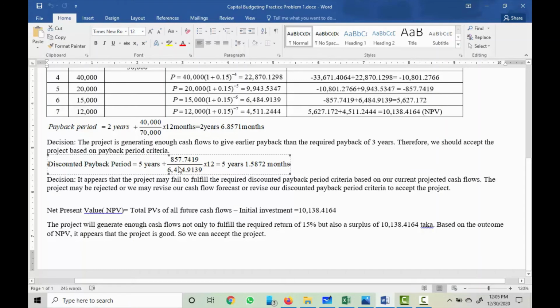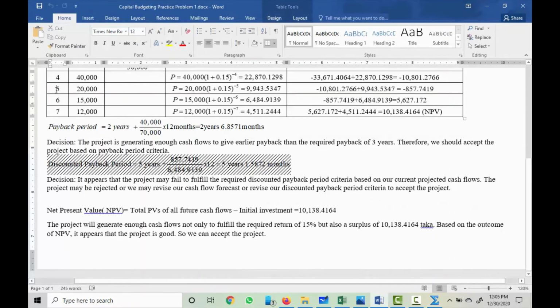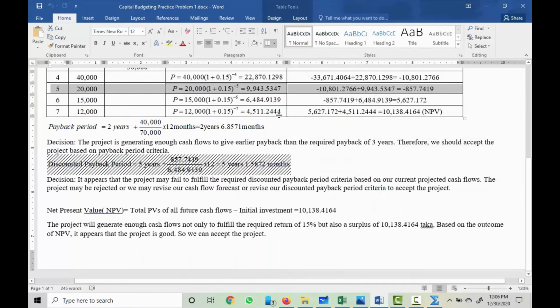So obviously the discounted payback period is more than 5 years, because after 5 years we are in short of 857 taka. Now we want to find out how many months more it will take to get the discounted payback. After the 5th year we are in short of 857 taka discounted value, and over the 12 months period in the 6th year we get 6,484 taka discounted value.